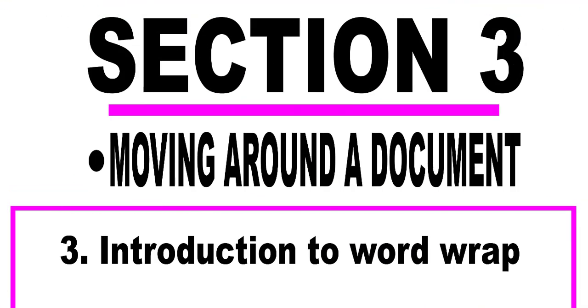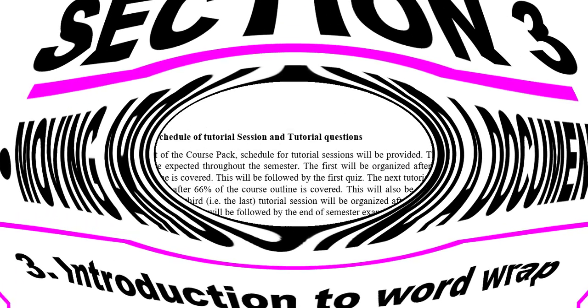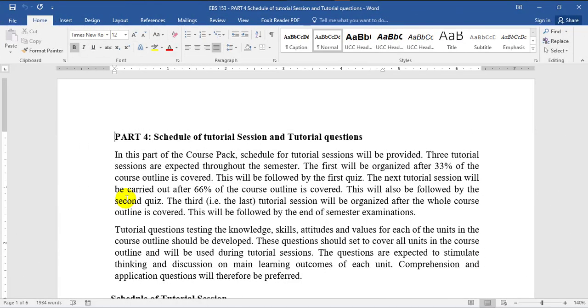Initially, I talked about hitting the Enter key to create space, to create paragraphs. Now, in Word, we have what we call word wrap or word wrapping. We have two forms of word wrapping: the hard return and the soft return. The hard return is whereby you click on Enter. Let's say I'm typing to this side and I want this whole line to come to the next line.